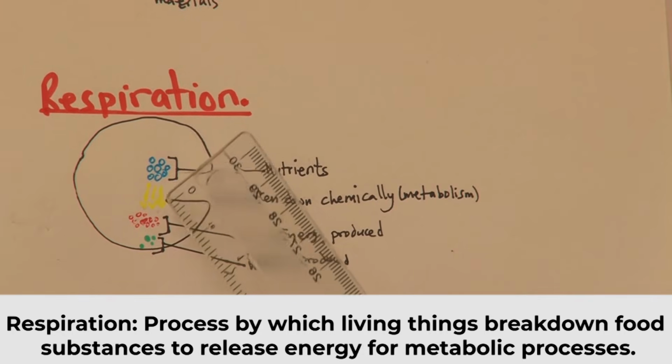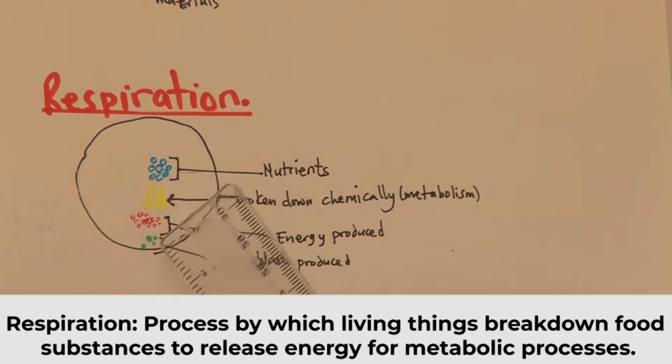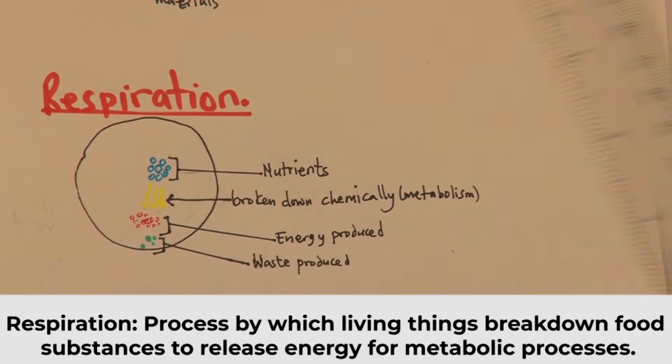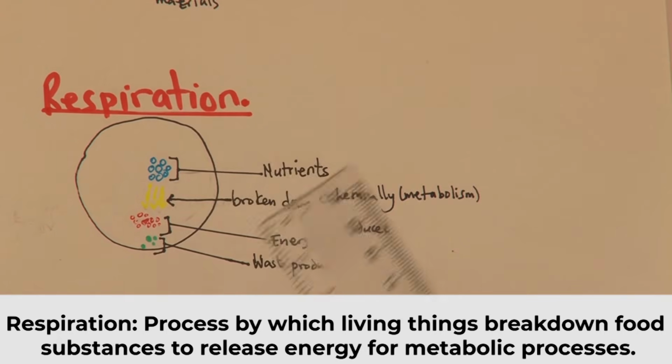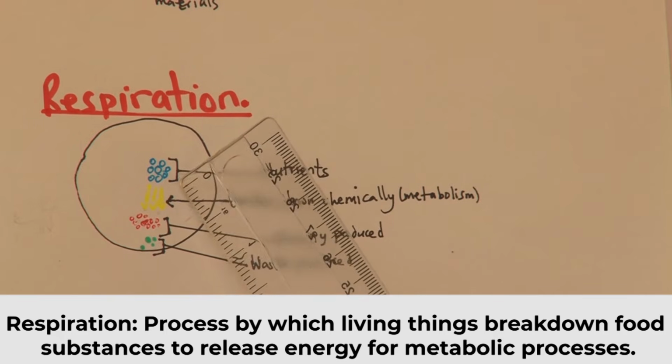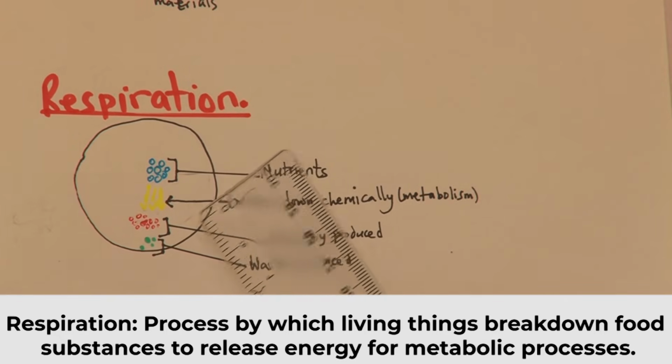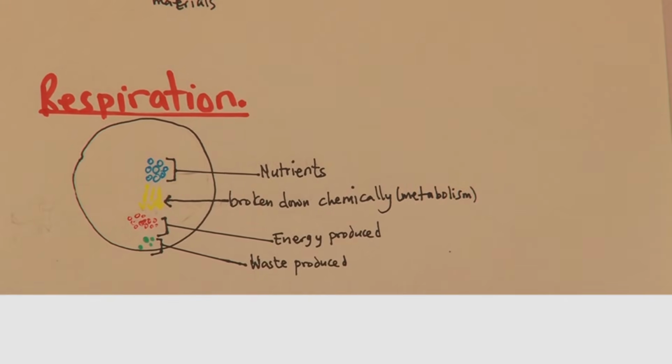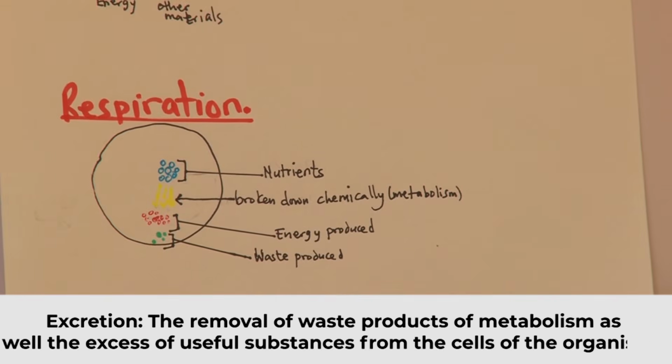Anytime nutrients are broken down, other materials are formed, energy is formed, and waste products. And respiration is the process that breaks down the nutrients to release energy chemically. Good. So now, therefore, let's go to excretion.